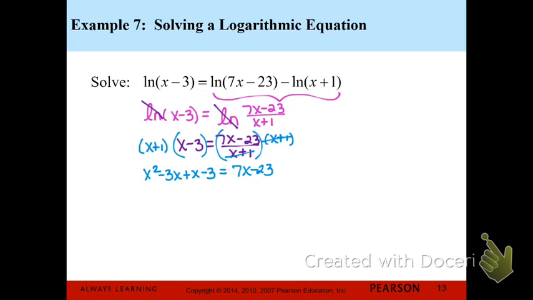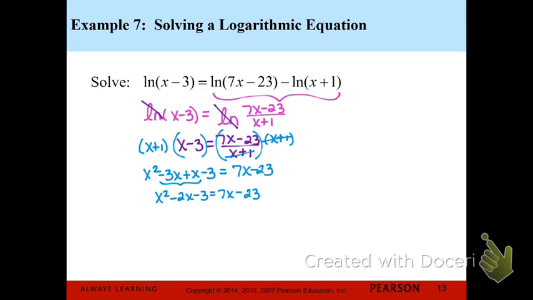What else can I do? Good, I've got like terms right there. So x squared minus 2x minus 3 equals 7x minus 23. Now I can't factor yet, because in order to factor I have to have this equation set equal to 0. But because we do have x squared and x, we want to see about factoring.